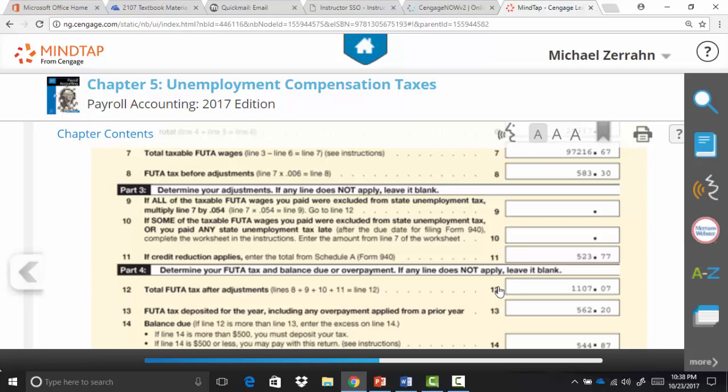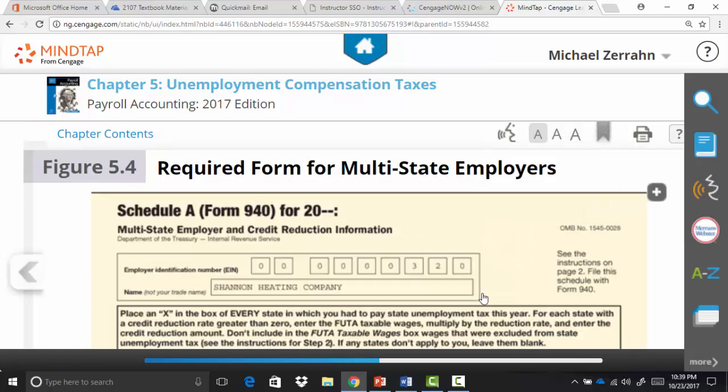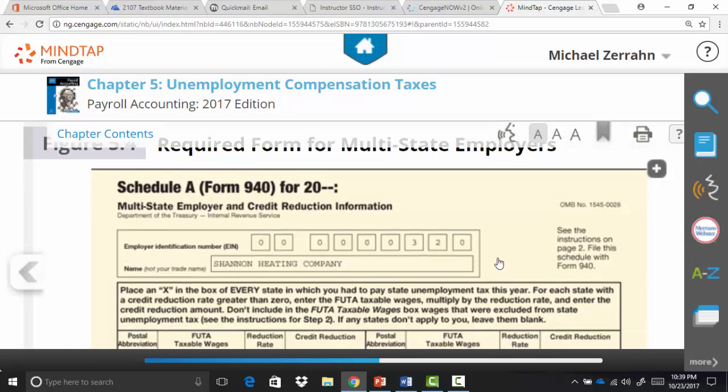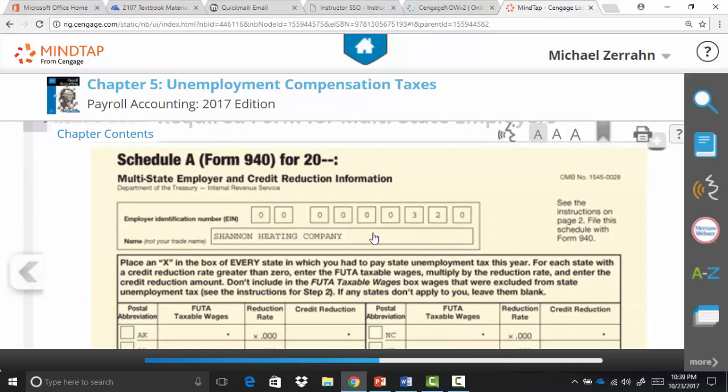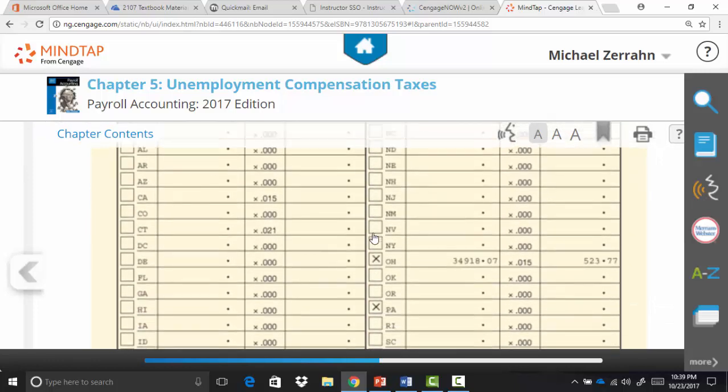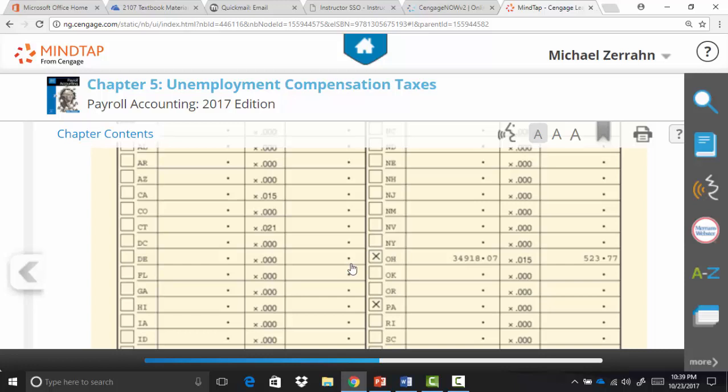If we have a credit reduction, then we have to fill out Schedule A and bring that number across. So let's go take a look at where we get that number from. For Schedule A, once again, we enter the name of our company, our employer identification number, and then we go to the states that we did work in, where our employees got paid. Some were paid in Ohio, some in Pennsylvania.